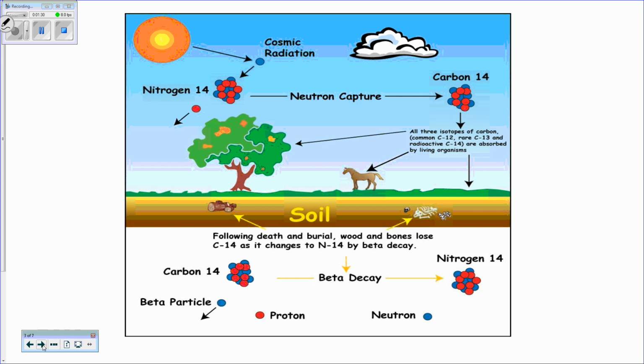What happens is I have things that were living and then they die or I bury them, things like wood and bones. They have carbon-14 in them, but remember carbon-14 has a half-life that I could look up on table N, and I know that it decays by beta.